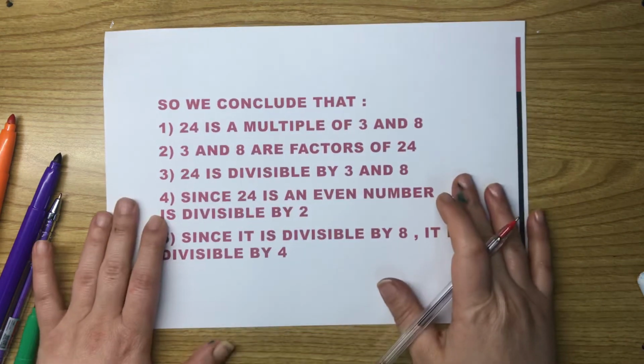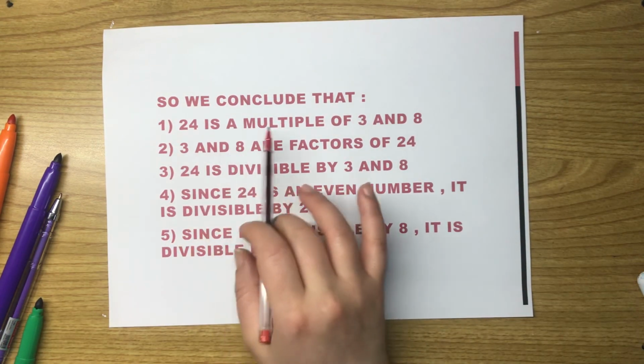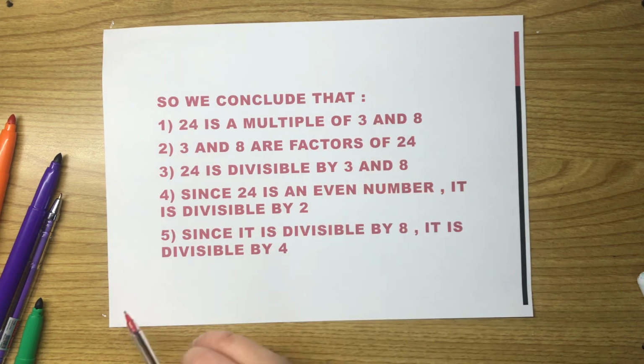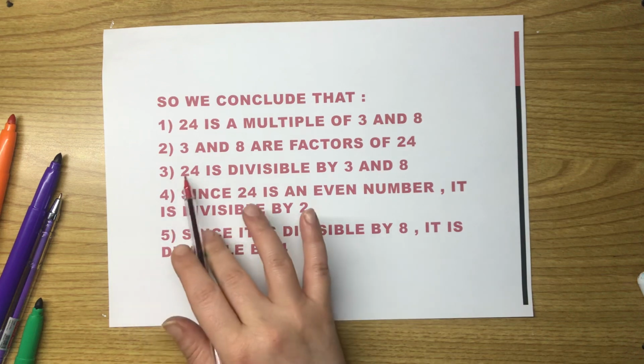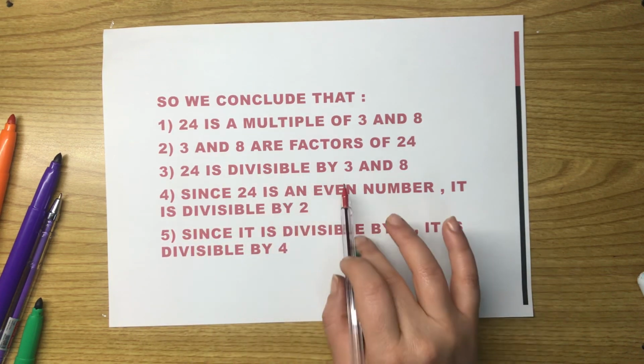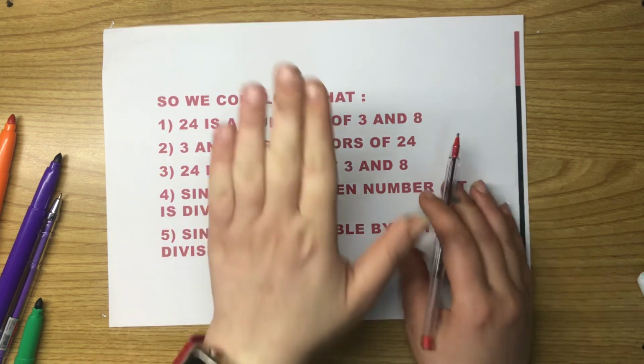So what do we conclude? The conclusion is 24 is a multiple of 3 and 8. 3 and 8 are factors of 24. 24 is divisible by 3 and 8. Stop it, Miss Dima.